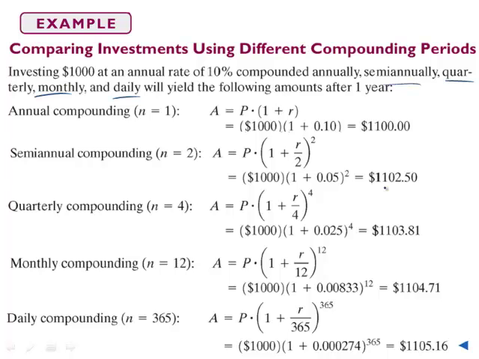And the natural question is, by the way, what is the limit? I mean, how often can we go beyond just daily? Well, you could do hourly compounding, you could do by the minute compounding, by the second compounding.